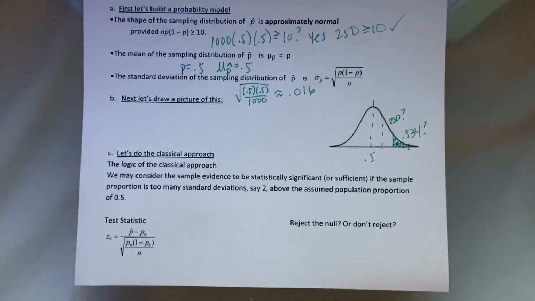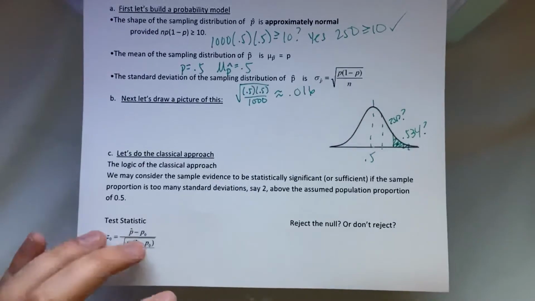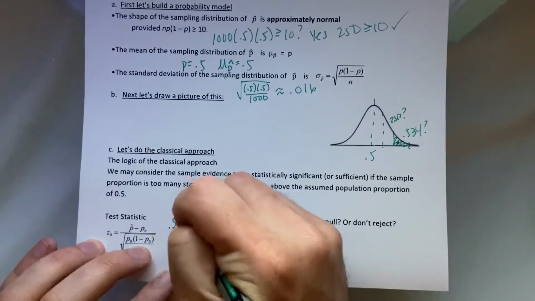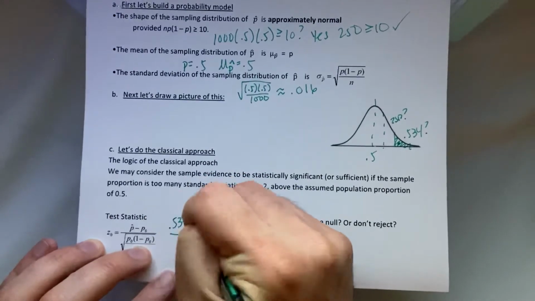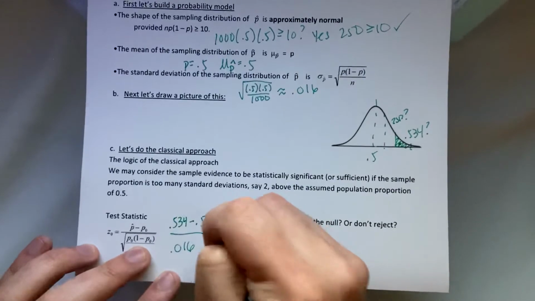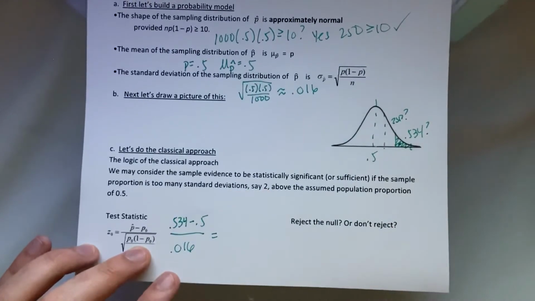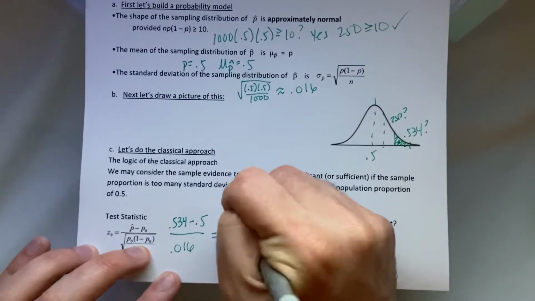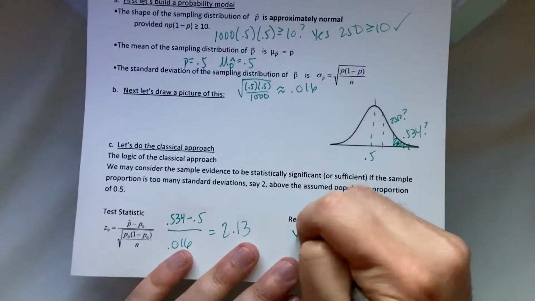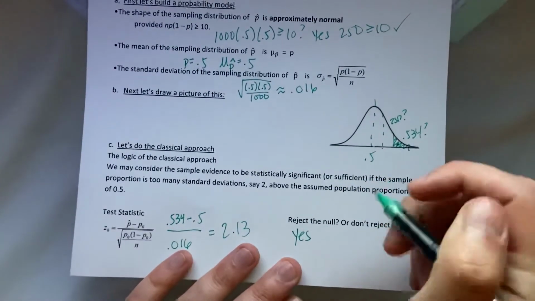So let's do the classical approach to see what the z value is. Our value from our results was 0.534 minus 0.5, and we just did the standard deviation up here of 0.016, and when we do this, we get 2.13 as a z-score. Now 2.13, is that more than 2 standard deviations away on either side? Yes. So do we reject the null? Yes.